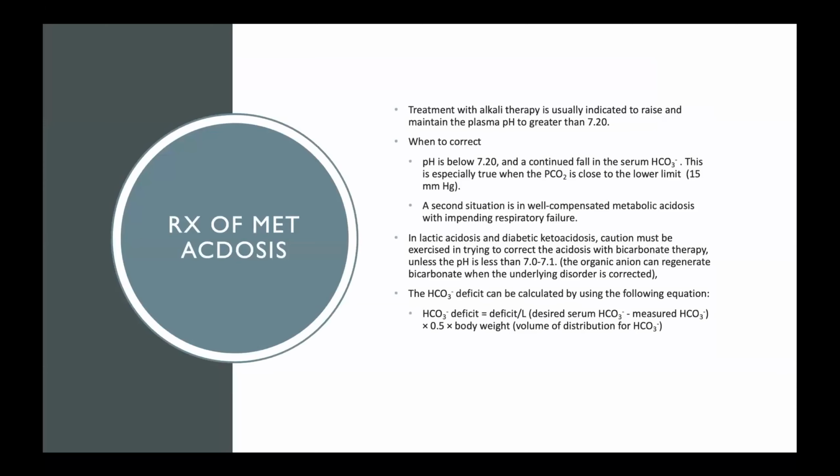Otherwise, if you don't calculate using this algorithm, sometimes the patient may be starting from a metabolic alkalosis, and if we give bicarbonate, it will worsen the problem. If the pH is below 7.2 and the bicarbonate level continues to fall, that means we are adding acid or losing bicarbonate somewhere.